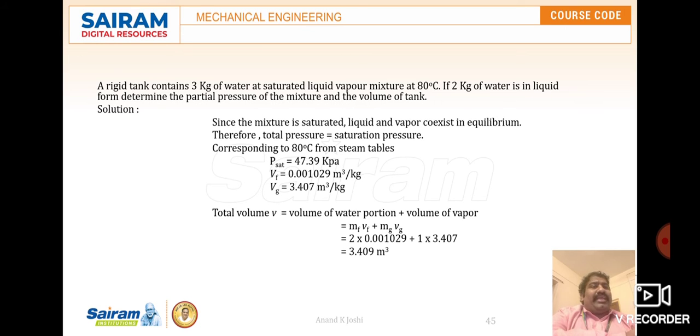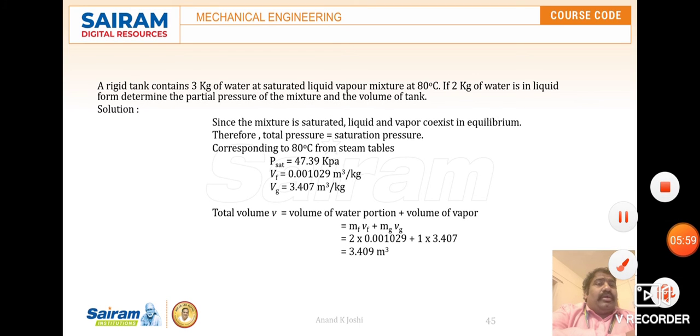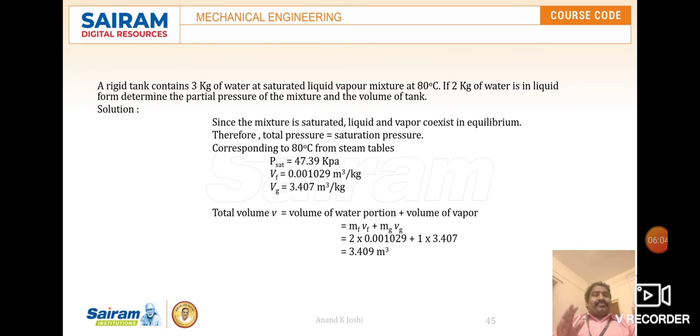After multiplying these values, you get 3.409 meter cube. This is the volume of the tank, which contains 3 kg of water as a saturated liquid and vapor mixture. So this is the total volume of that tank.